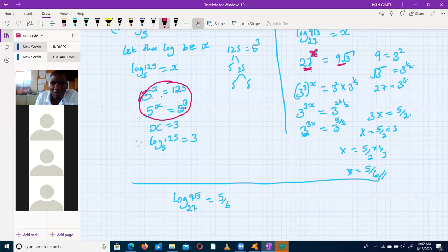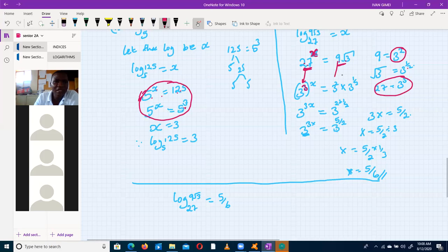So what I do here is I break down the 27 expressed in terms of 3, which is this. I also break down the 9 expressed in terms of 3 squared. Then I also write the root of 3 as 3 power half. So here I'm just substituting. This is the same as that.